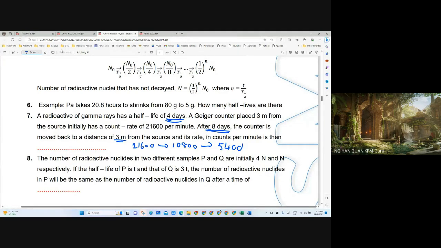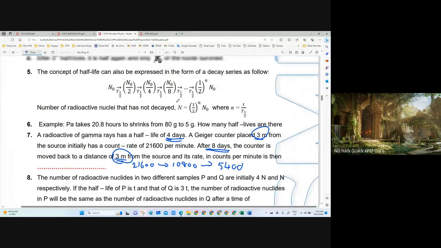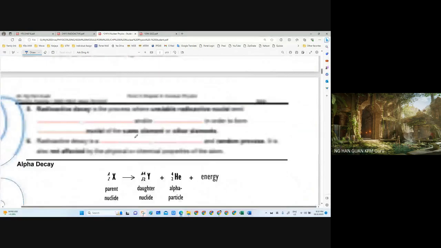So why did it mention the 3 meter? Actually, it is related to the properties of the types of radiation decay. So now it's already removed from the syllabus. If you look at the notes here, where is it? Okay, here.